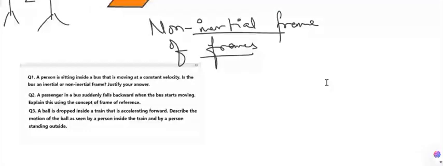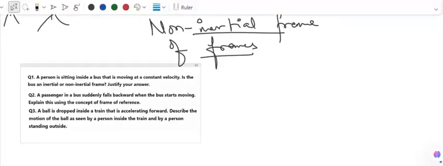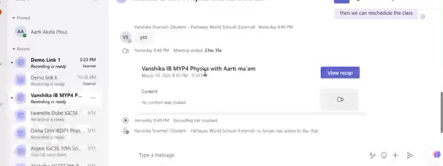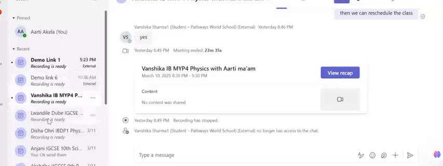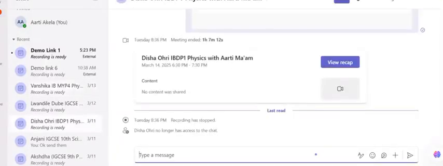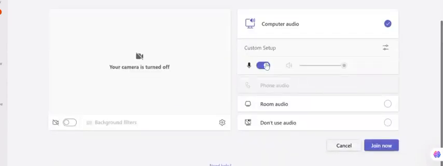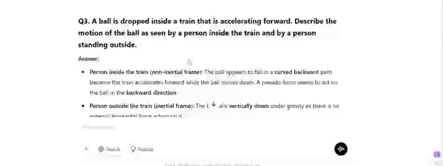Outside the train. Akshita, give me the full-fledged answer now. One second, ma'am, I'm not sure about the outside the train part.